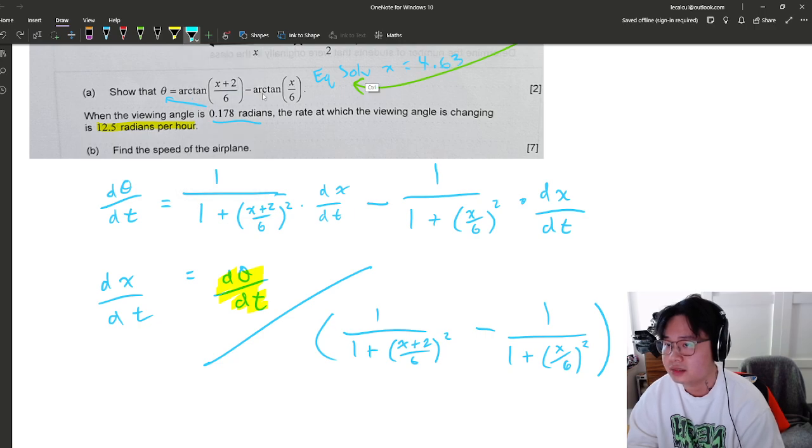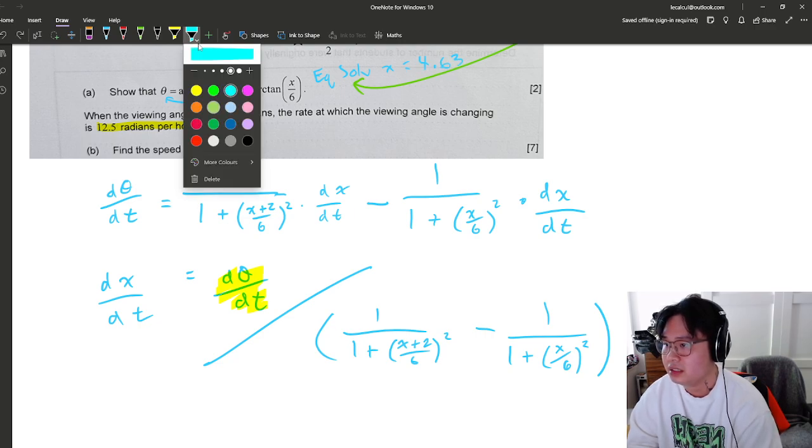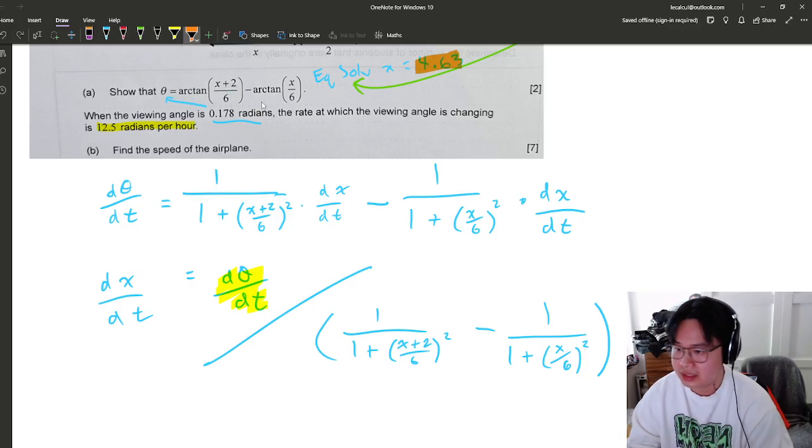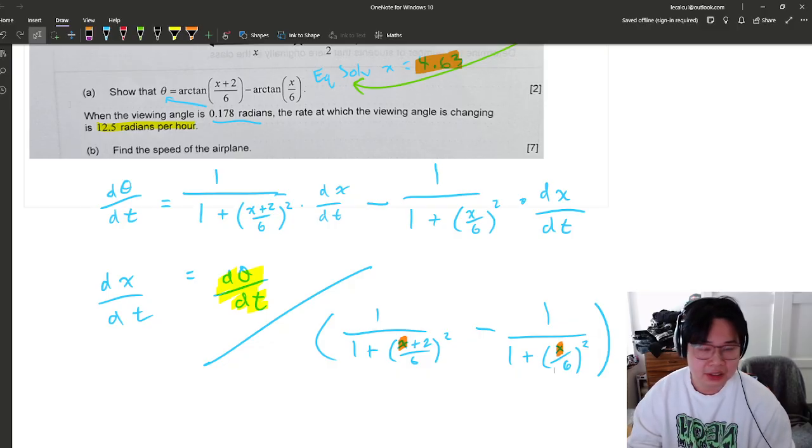Okay. Whoa. So 4.63 gets substituted for x in here and here, and then that should be your answer.